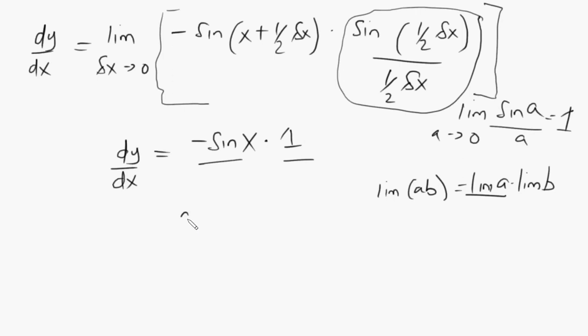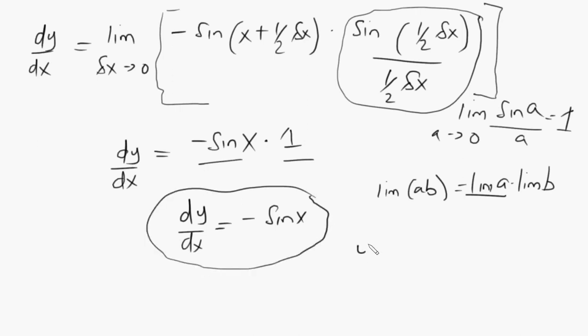So huyu zidisha kwa huyu, dy/dx is equal to negative sin of x. So this is what you get when y equals cos x. Okay, sasa summary, and I have shown this by differentiation from first principle, kwa sababu nimedifferentiate from first principle hadi nikafika hapa.